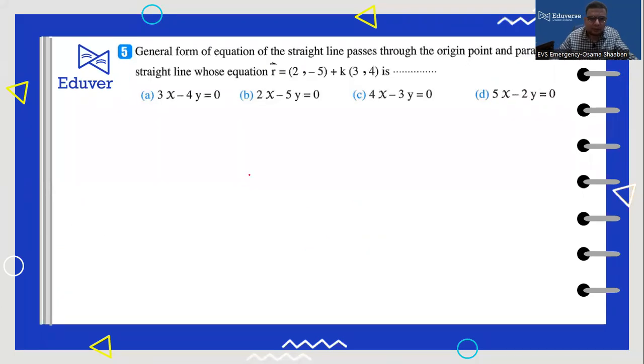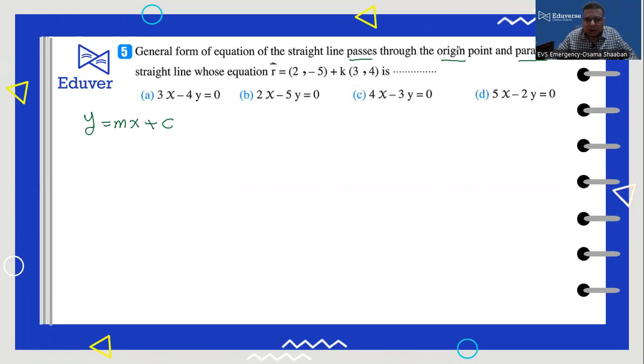Number five, the general form of the equation of the straight line passes through the origin point and parallel to the straight line whose equation is vector 2 and negative 5 plus k times 3, 4. So the required equation, you remember that y equals mx plus c.